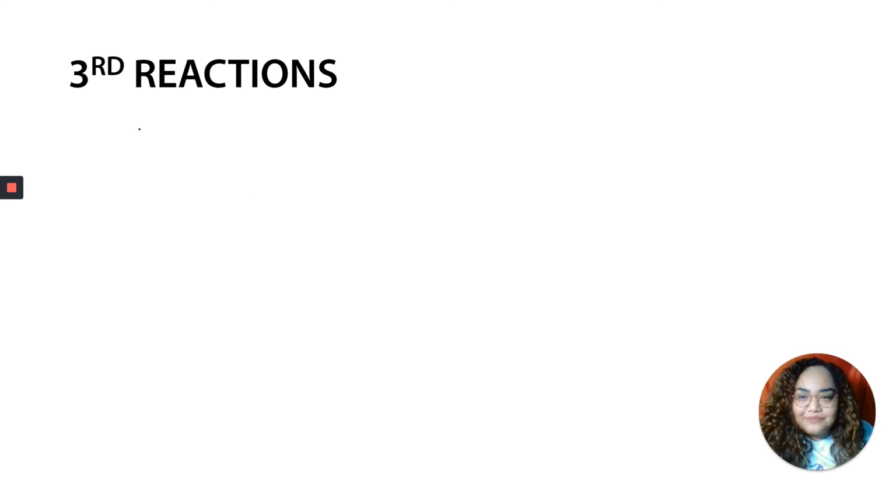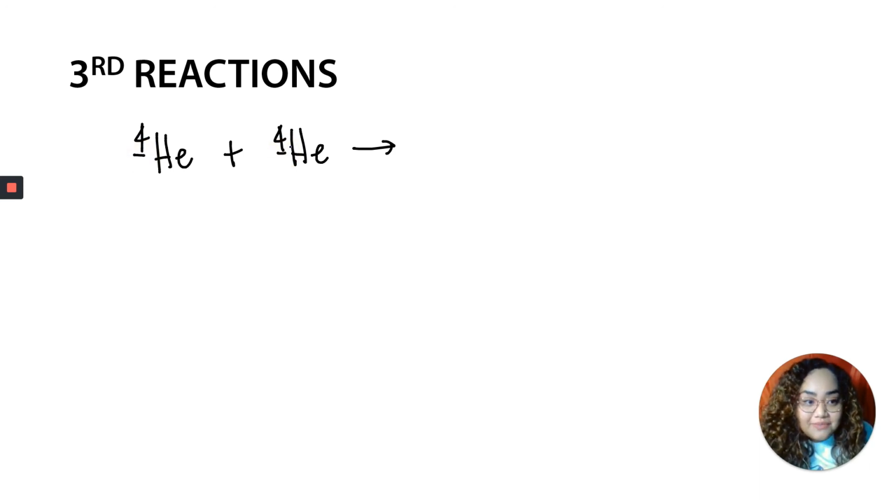For example, you have helium-4 reacting with another helium-4. If you're still having a hard time determining what element this will be, you just have to break it down. You know that with the masses here, you can just add the masses. So that's 4 plus 4.